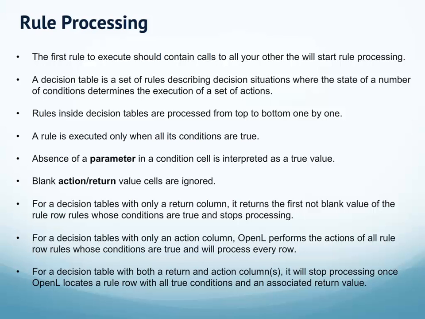It'll keep on going if it finds conditions that are true and the return value is blank, but it's good to note that processing will stop when it finds conditions that are true and a return value in its associated column. But that means that all the actions in that decision table will not process like they might if you only had an action column in your decision table.